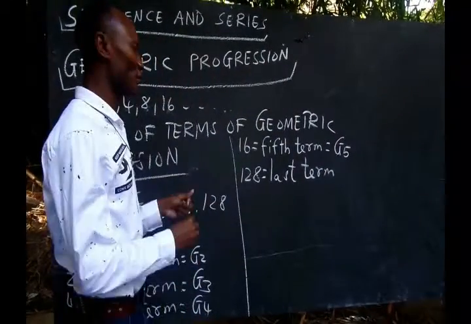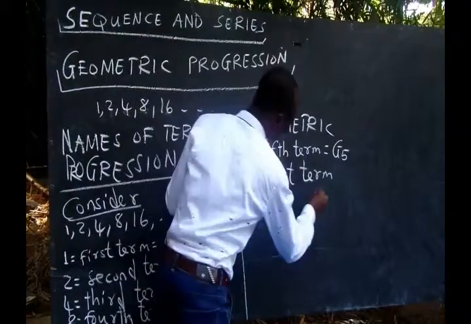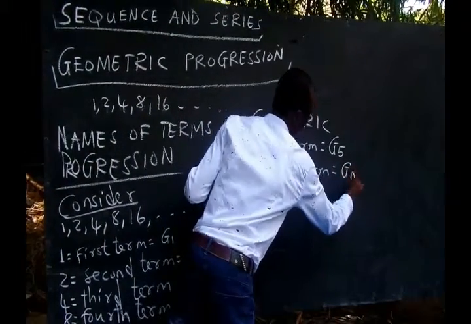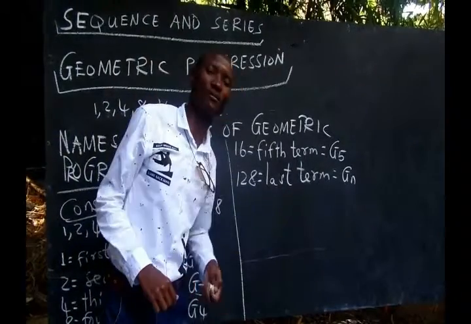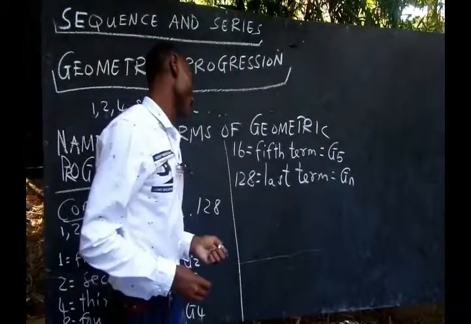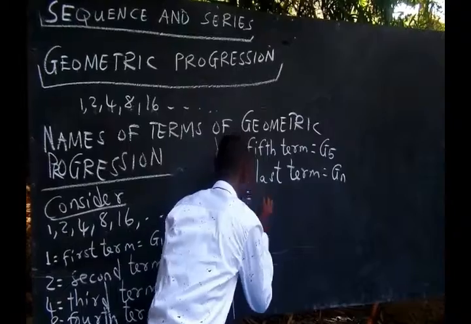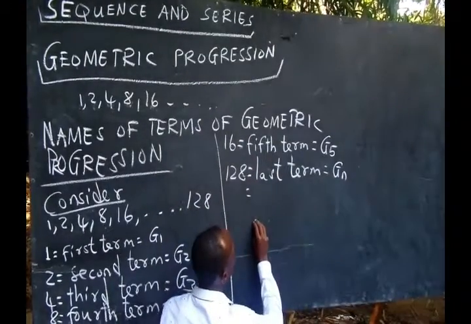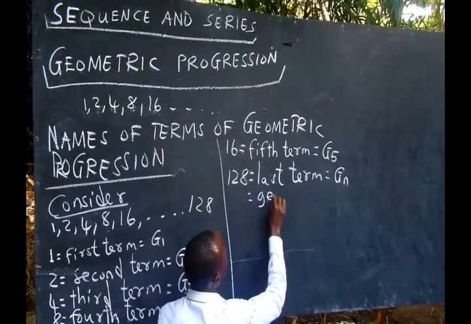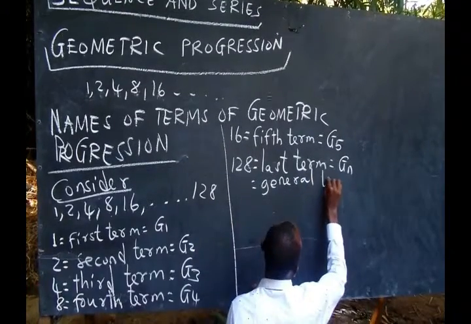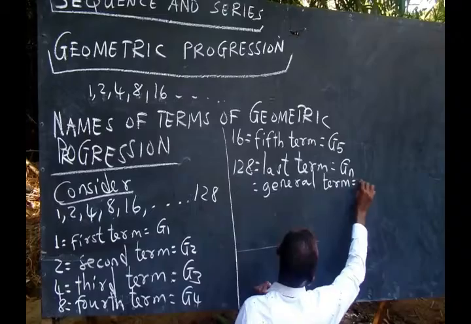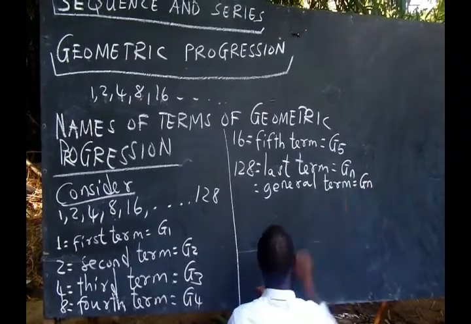Last term of geometric progression, which is Gn. It is also called the general term, my best friend, which is Gn.